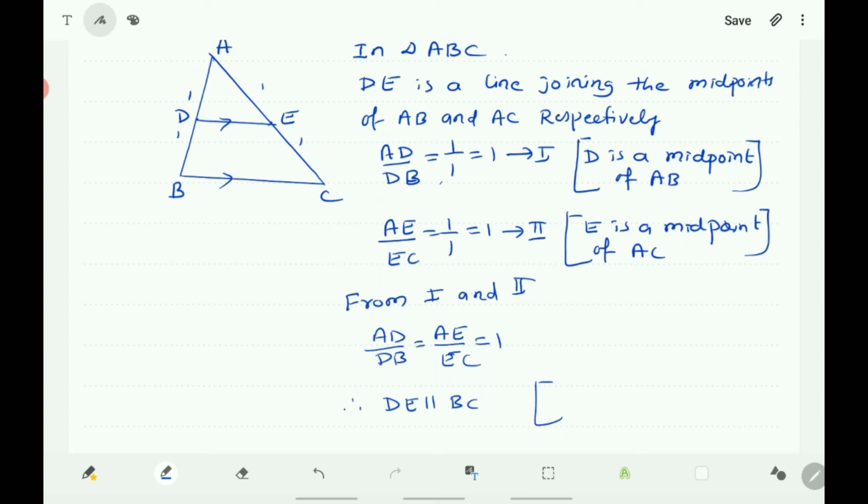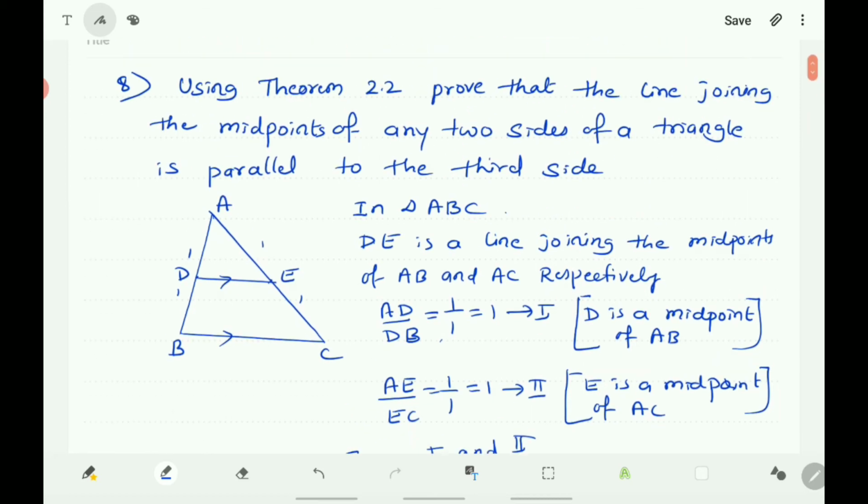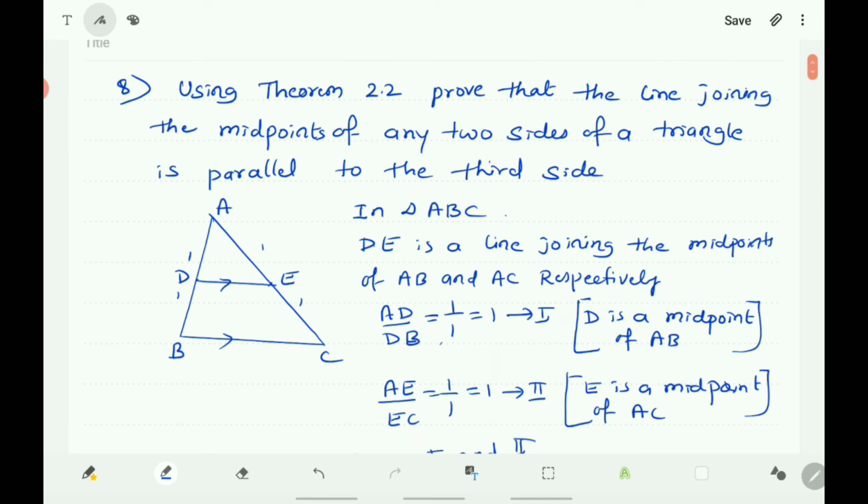Here the theorem used is theorem 2.2, that is the converse of Thales theorem. Thus you got the proof that the line joining the midpoints of any two sides of a triangle is parallel to the third side.